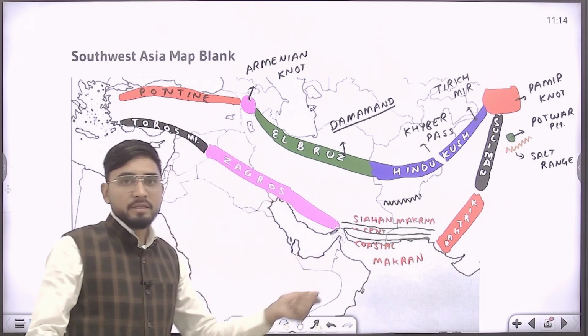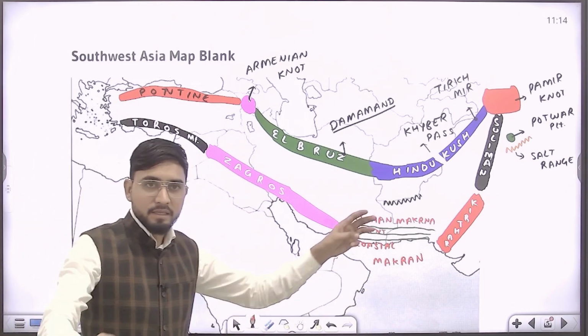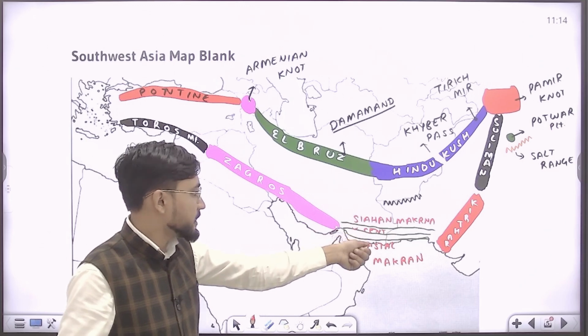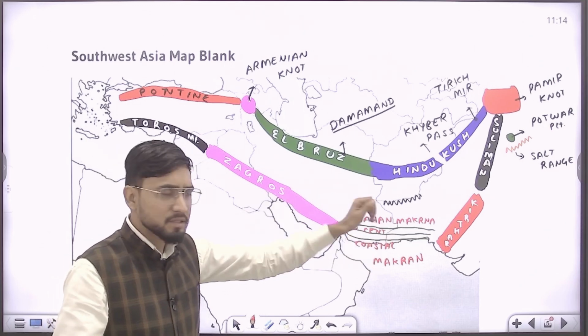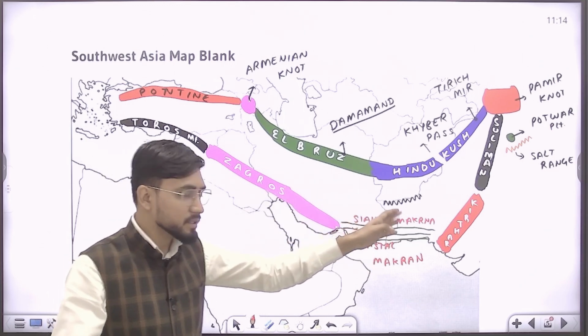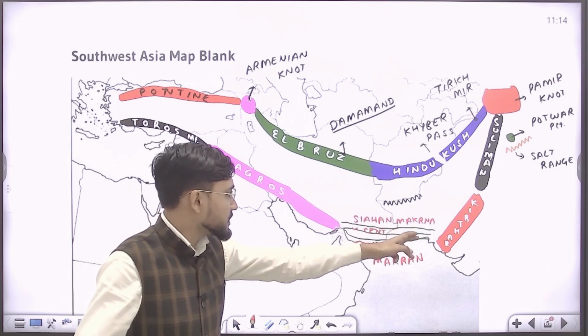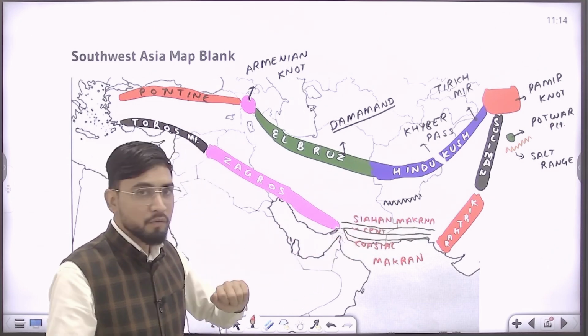So you can remember the three names of this Makran range: Siahan, central, and coastal, and Karachi is situated there. It extends through Pakistan and Iran till the Strait of Hormuz.